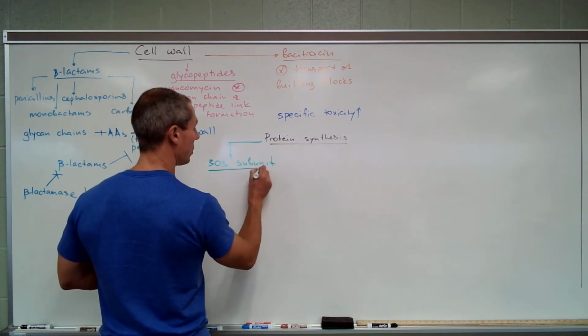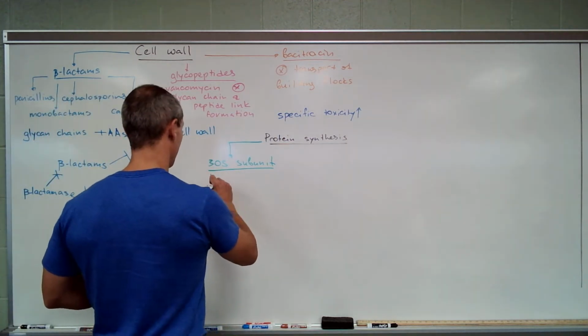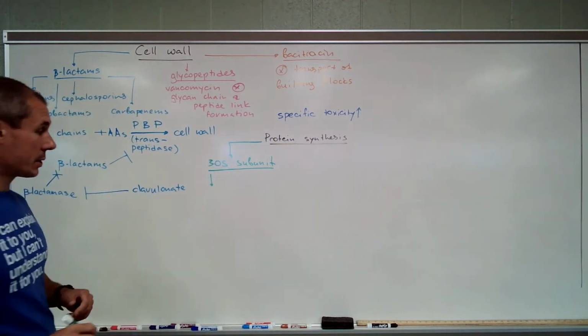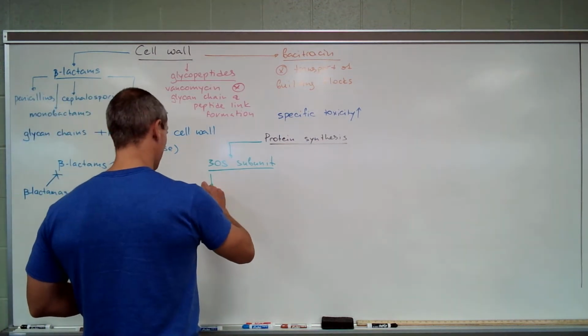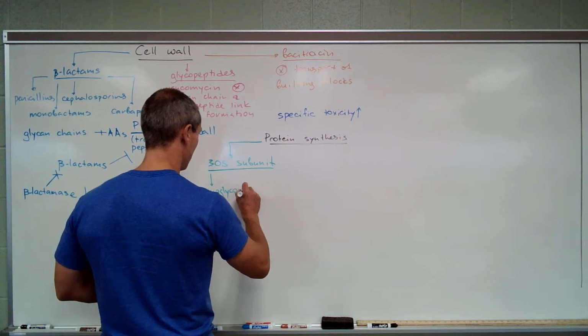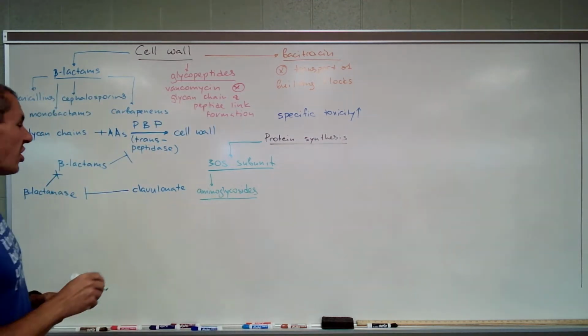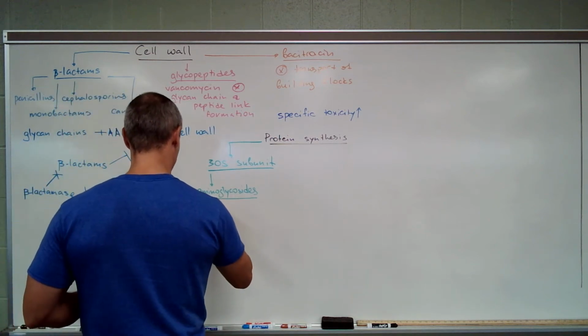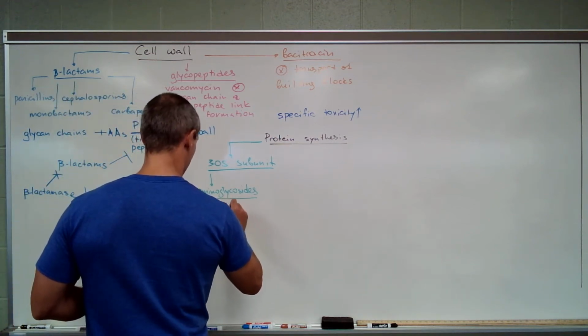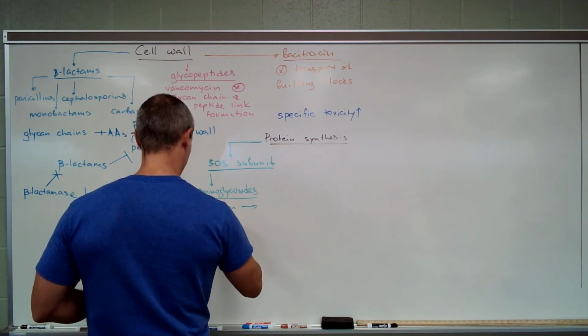Now, there are two classes of antibiotics that target the 30S subunit. The first class is aminoglycosides, which distort the ribosome, and it results in the production of faulty proteins.